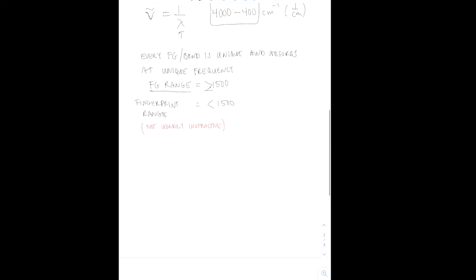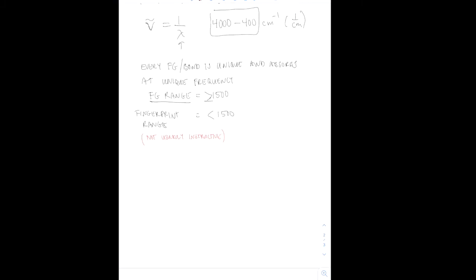And so that brings us back to a few other things I wanted to say. So I will make note of it again. The x-axis is wave numbers, and that ranges from 4,000 to 400 inverse centimeters.